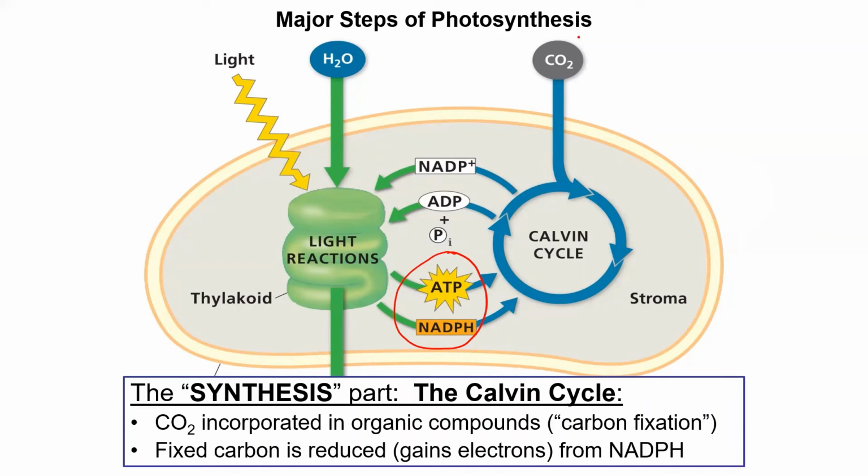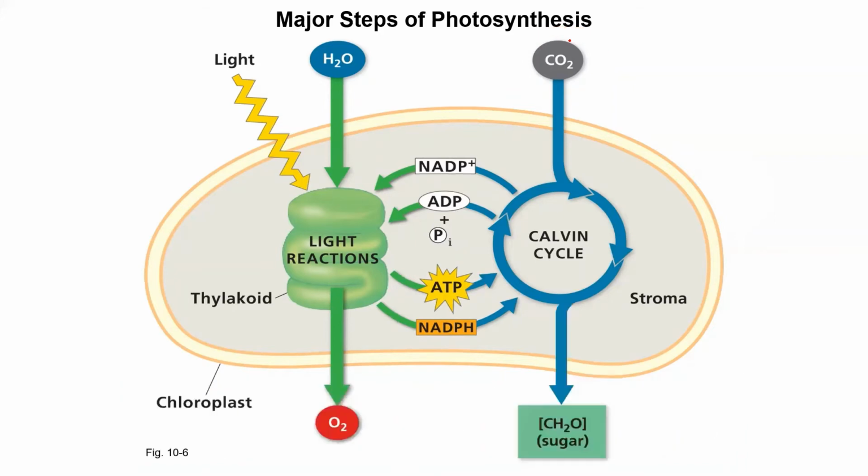And so plants get carbon from carbon dioxide. So this is called carbon fixation, meaning we take carbon from carbon dioxide and we make new bonds, and those new bonds end up in organic molecules such as sugars. And so the ATP and the NADPH are recycled, meaning the ATP is broken down into ADP and Pi, and NADPH is broken down into NADP+.